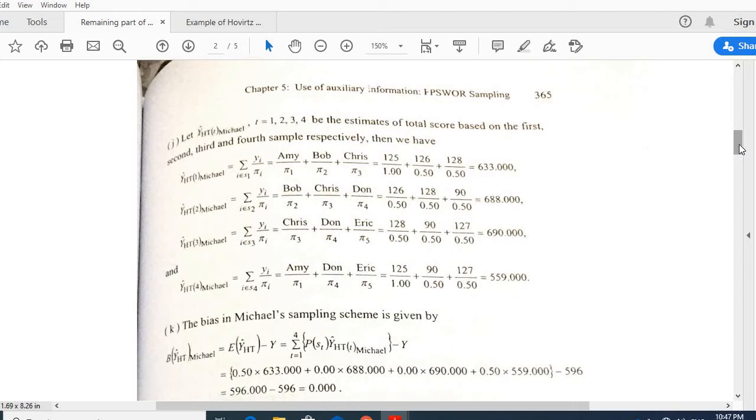That is 125 divided by 1 plus 126 divided by 0.5 plus 128 divided by 0.50, which is equal to 633.